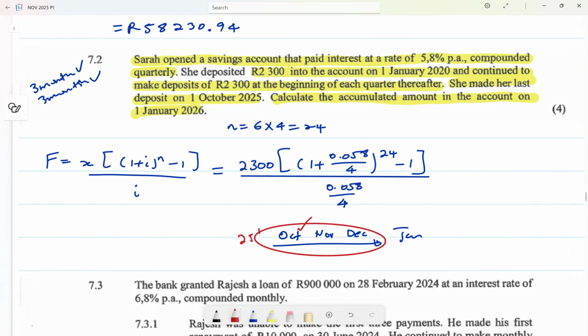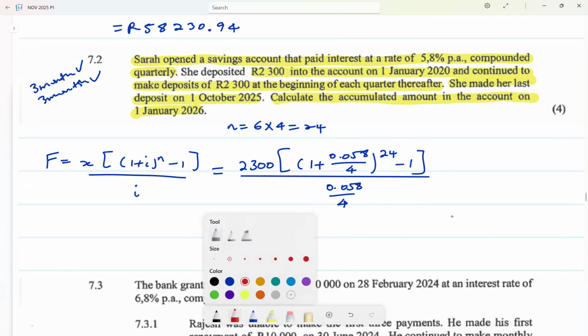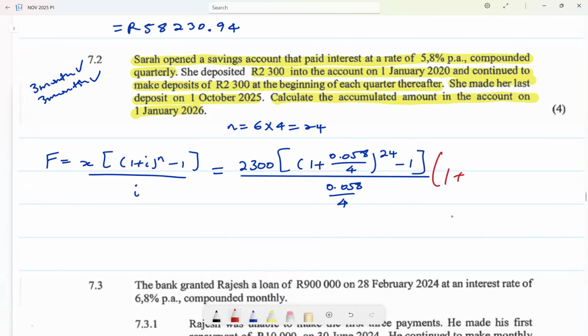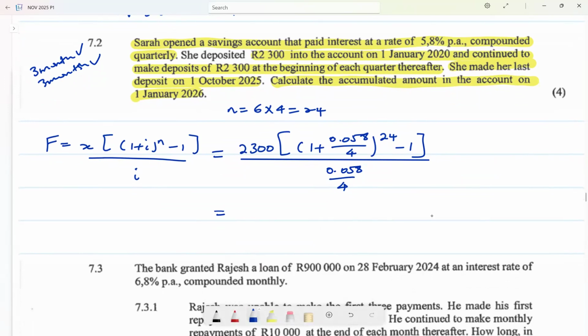Then she fetches her money on the 1st of January. Yeah, I think it's 24. I was thinking if there's a possibility of adding 1 month, but I don't see it. If I'm wrong, then it does happen, but this is how I see it. Remember, this is not an official memo, by the way. It's just a prediction.